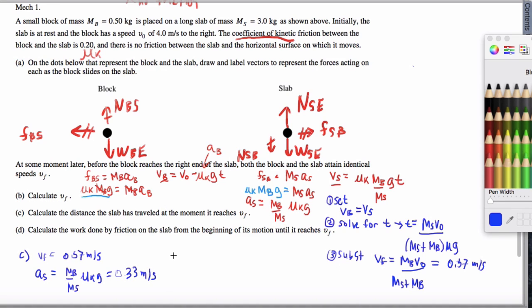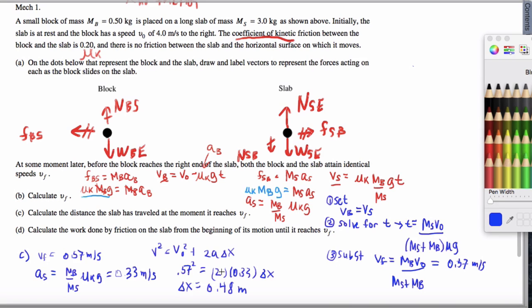Using those two facts, we can say that for the distance the slab travels, v squared equals v naught squared plus 2a delta x. So we get 0.57 squared equals 2 times 0.33 times delta x. And when we solve for delta x, that simplifies to about 0.48, 0.49 meters.